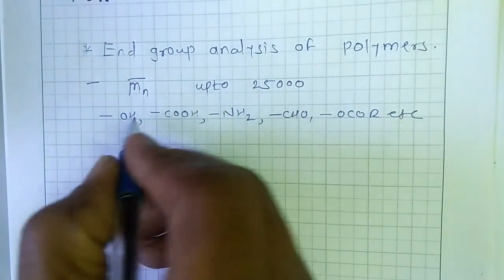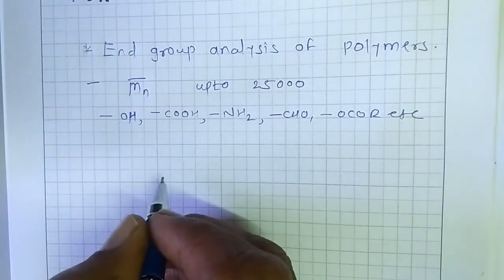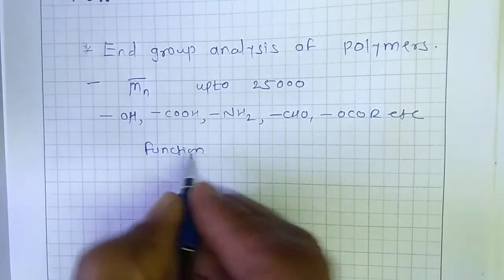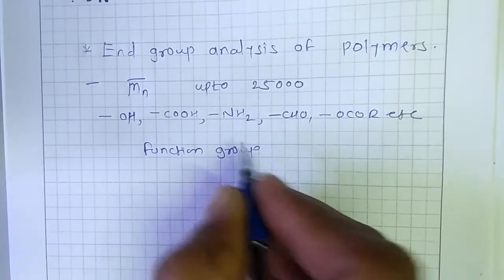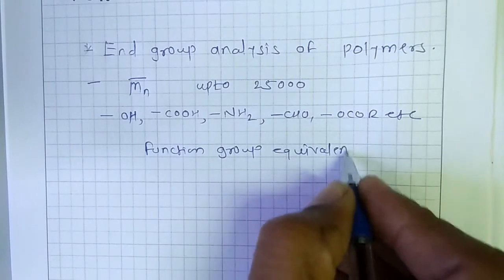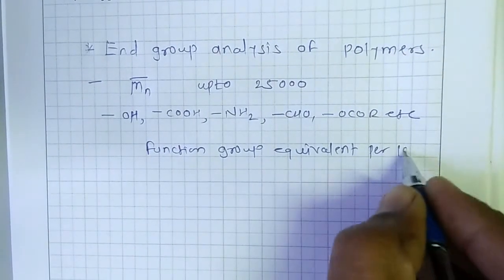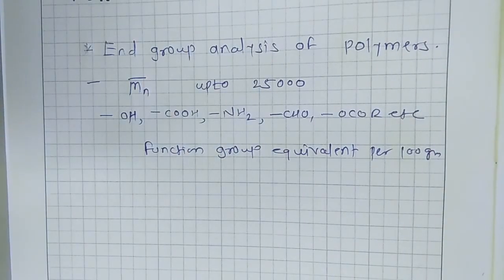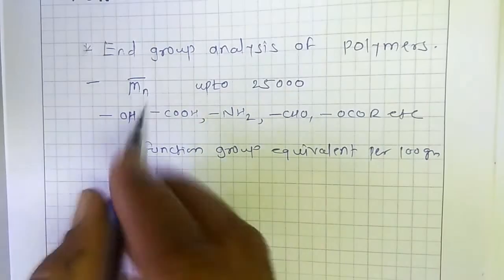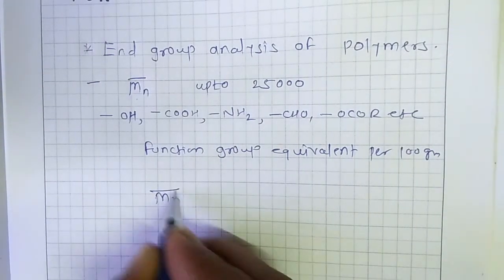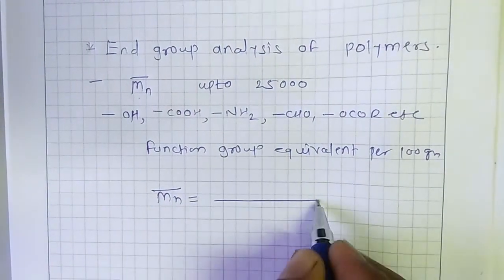They are determined in the functional group equivalent per 100 gram. So this formula Mn bar is used to determine the molecular weight.